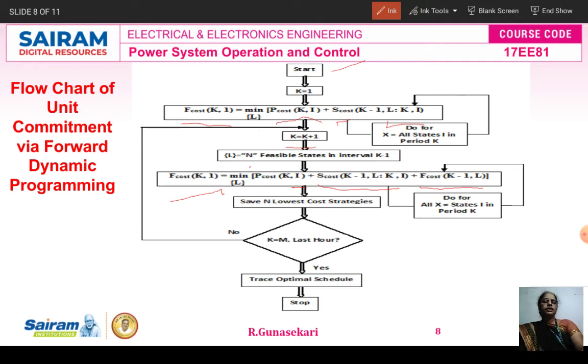After that the algorithm comes to save n, the number of strategies, where only the lowest cost strategies are saved from the formula f cost k comma I.